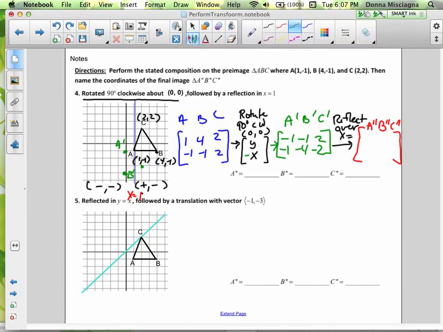So 1, 2, 3, 1, 2, 3. That is correct. That height there is 1, 2, 3. Oh, my graphing of points is in the wrong location because -2 is over. That's 3. Where did I go wrong? I didn't write down the wrong points.